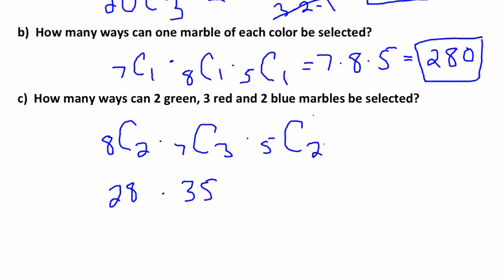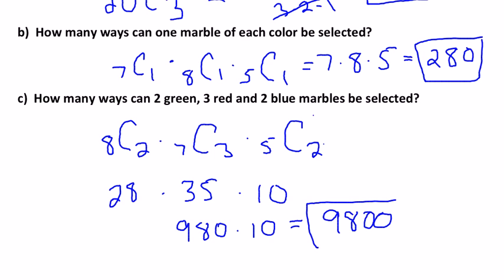And then 5 choose 2 is always going to be 10. And then you just multiply the 35 times the 28, and you can do that on a calculator, and you get 980. And then you do 980 times 10, which is 9,800.